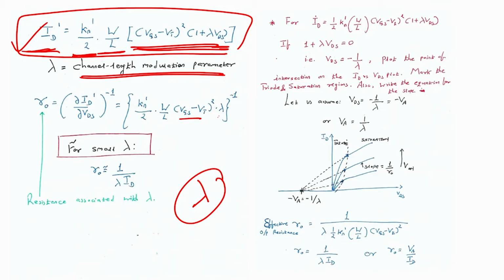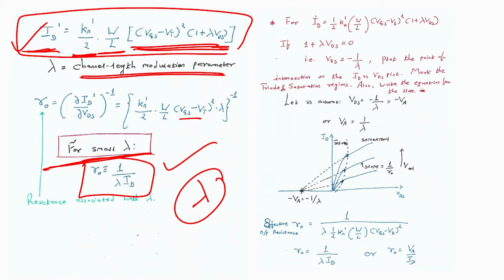Since lambda is small, RO will be 1 by lambda ID. Most of the time we consider that lambda is small, so we can directly use the formula RO equals 1 upon lambda ID. It is very easy.